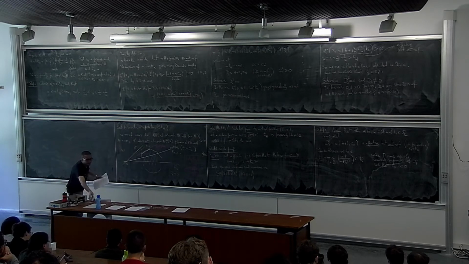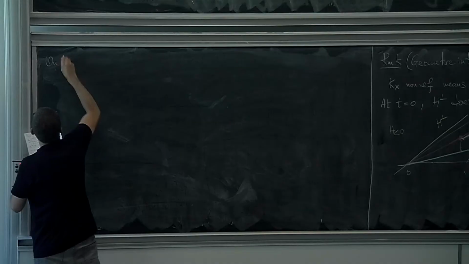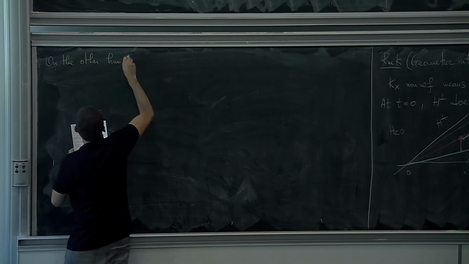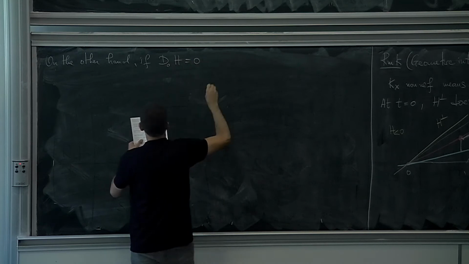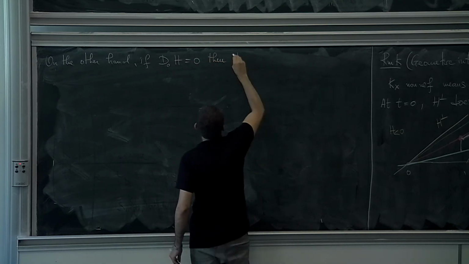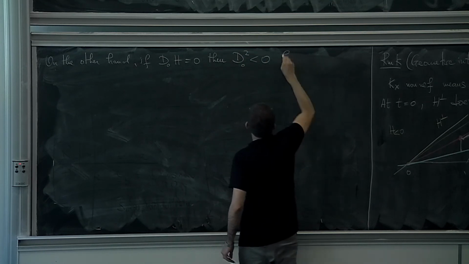On the other hand, if d0h equal to 0, then d0 squared must be negative by the Hodge index theorem.